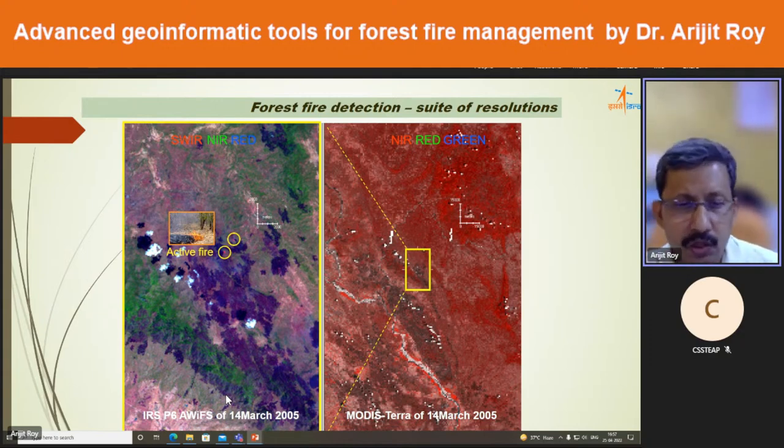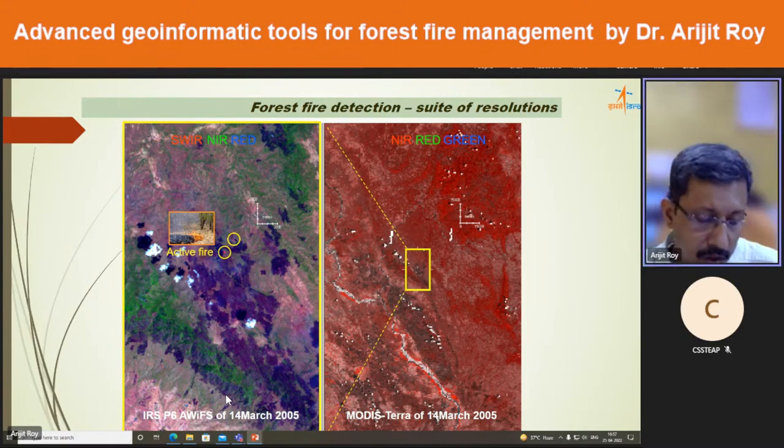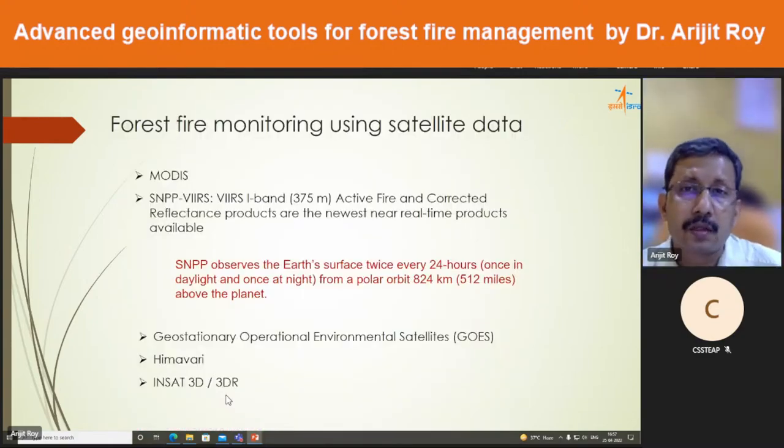And this is what you see in the feed. So we got the images and the locations, and we verified this entire thing in the field. And based on the extensive ground truthing, the algorithm was finalized.